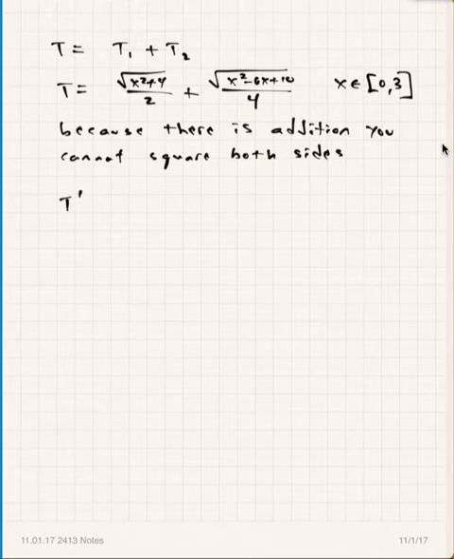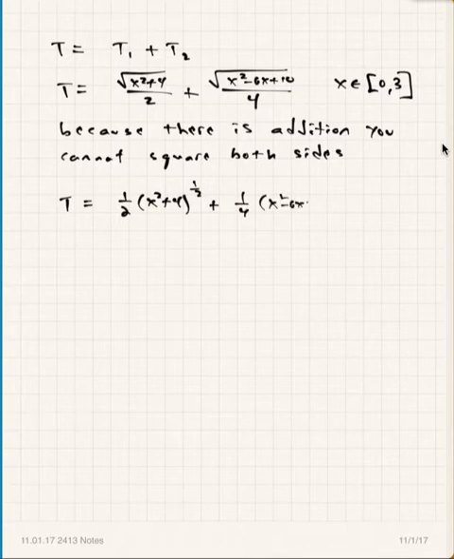So t prime, well, first of all, before we say t prime, let's rewrite t a little bit. This is 1/2 times (x squared plus 4) to the 1/2 plus 1/4 times (x squared minus 6x plus 10) to the 1/2, like so.